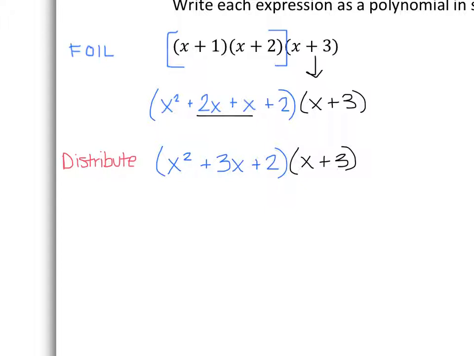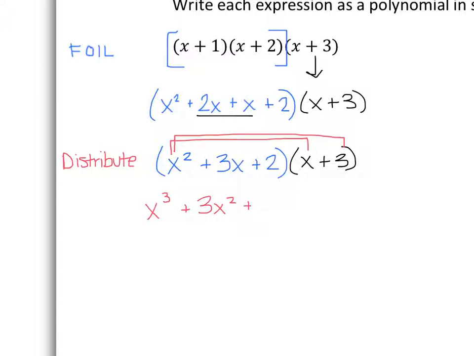All right, so we're going to take our x squared and multiply it by everything in the back. So first is x squared times x, which gives us x cubed, because there's 3 of them being multiplied. Next is x squared times 3, which is 3x squared.